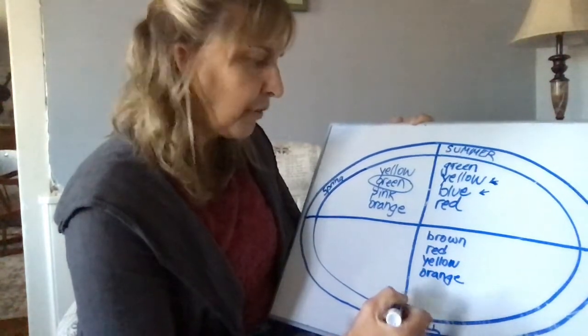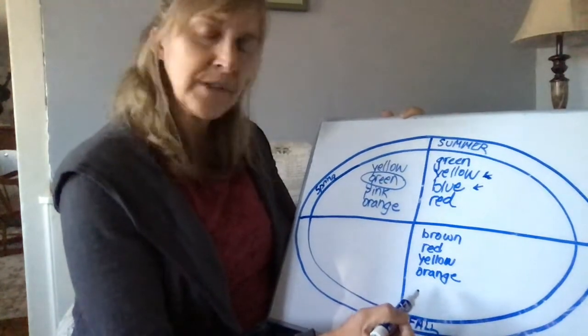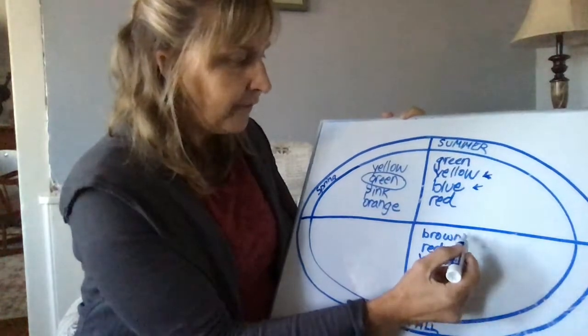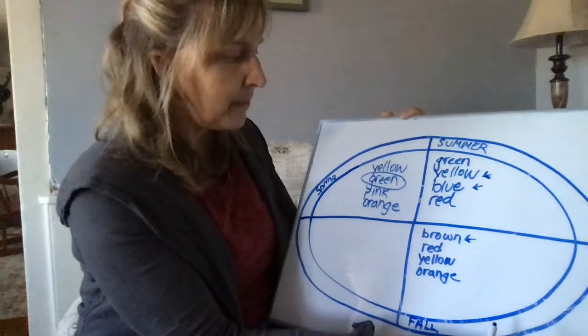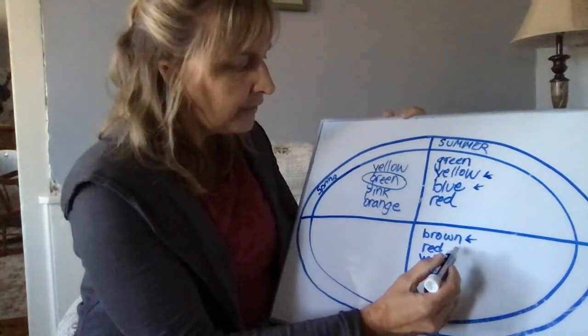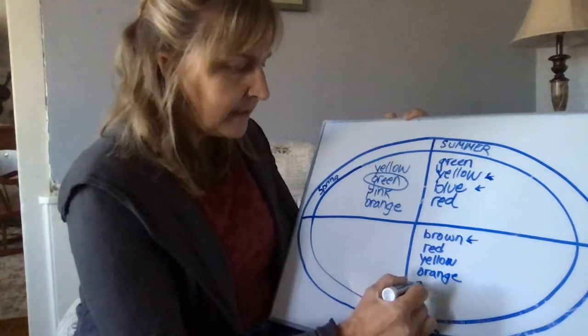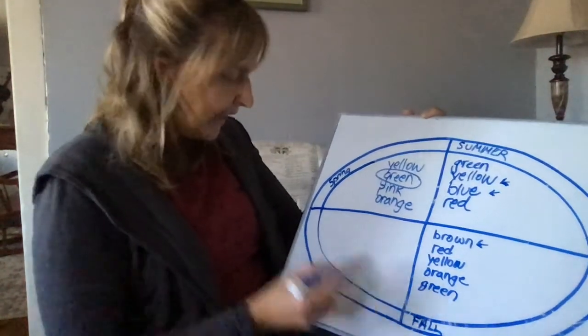Students might say other colors. For this one, a dominant color depends on the part of fall, because brown, if you're thinking late fall, November, it's definitely a brown, right? Everything is pretty much dead by then. But if you're thinking early fall, reds and yellows and oranges and even green can all be beautiful colors of fall.